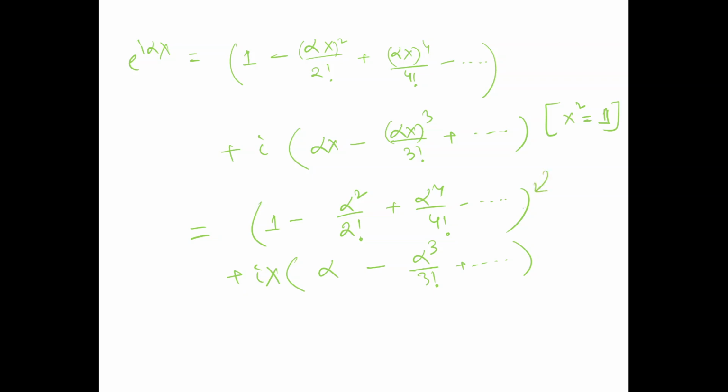Now if you look at this term, you know already, this is the expansion of cos alpha in the polynomial series. And you have ix, and this alpha minus alpha cube over 3 factorial is actually the polynomial expansion of sine alpha.